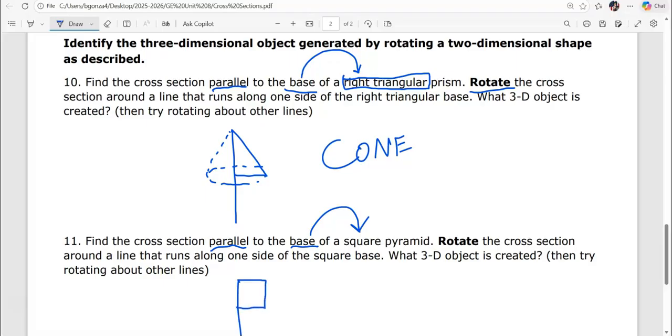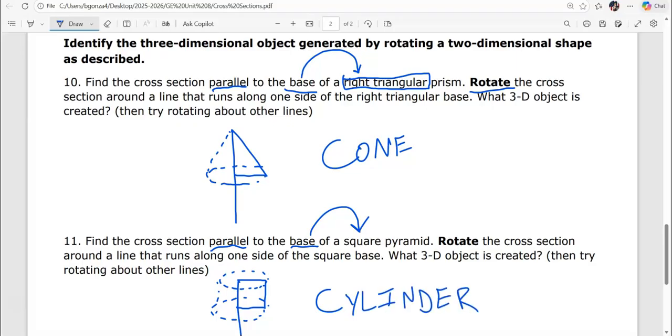Now, again, this is broken, but when you rotate a square or any type of quadrilateral, circle on the top, circle on the bottom, what does it make? Cylinder. Because you're spinning it in a circle. Not a cube because you're circling it. You're spinning it around.